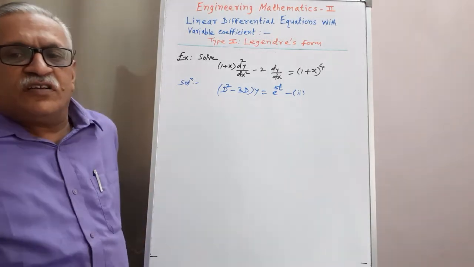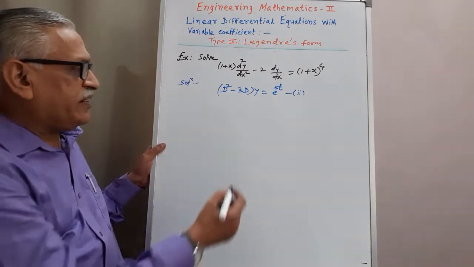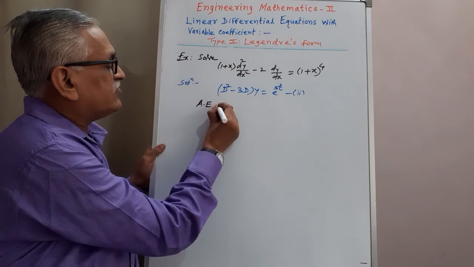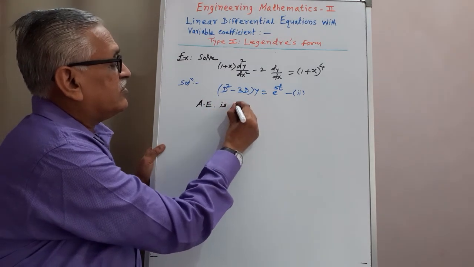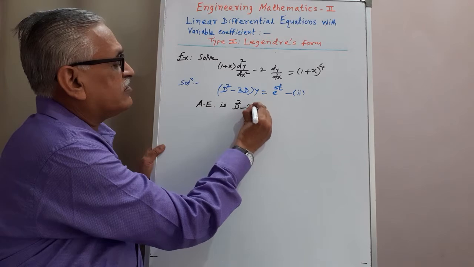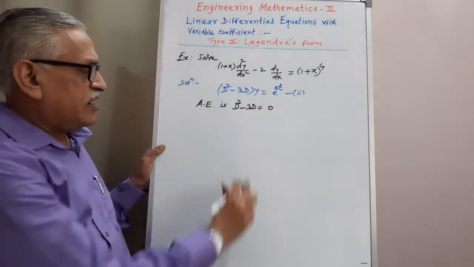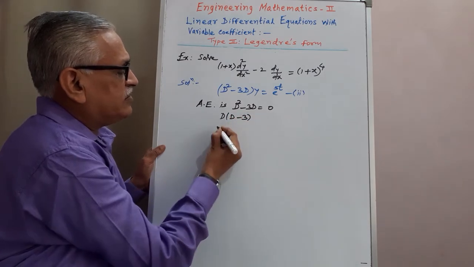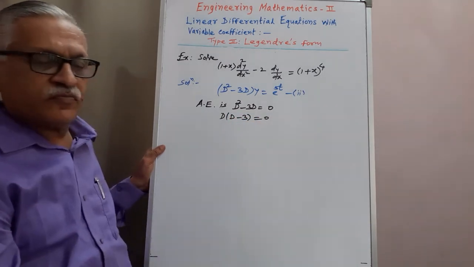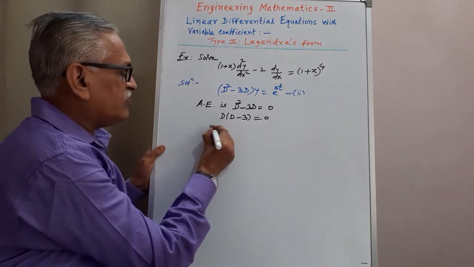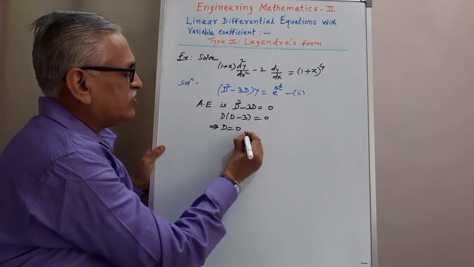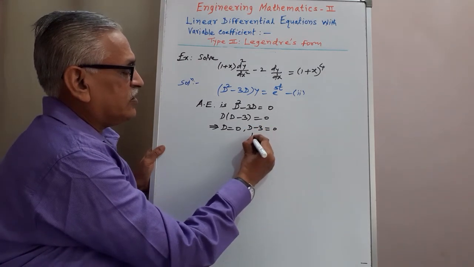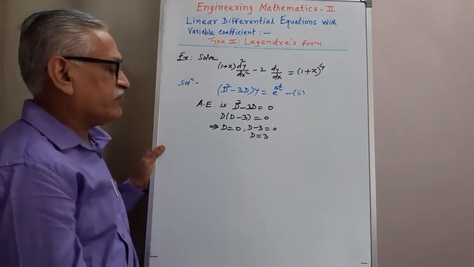To obtain its solution, we require to find CF and PI. To find CF, the auxiliary equation is D² − 3D = 0. Taking D common, we get D(D − 3) = 0. Equating each to 0, we get D = 0 and D − 3 = 0, which gives D = 3.